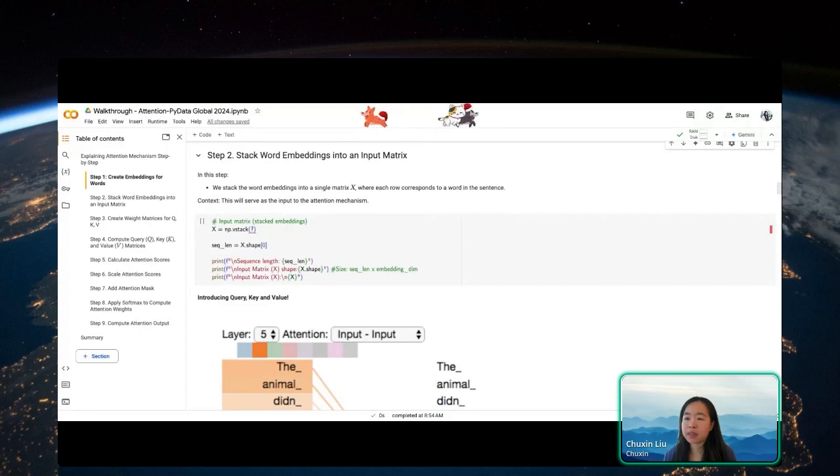In the paper, this matrix is called capital X. Here you want to use NumPy's function vstack to stack them together. So go ahead and see if you can finish this. Once you're done, send a thumbs up.